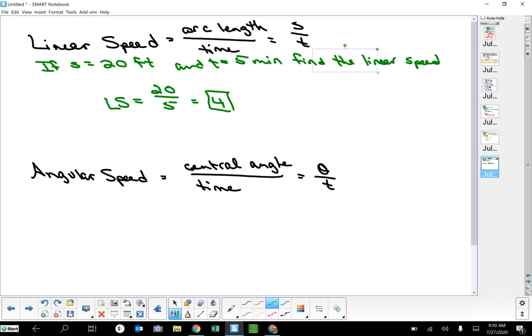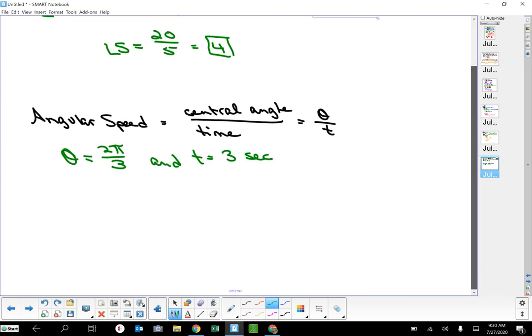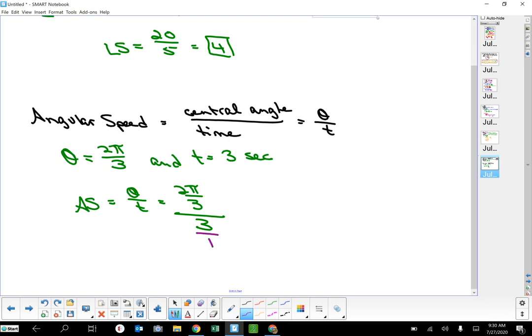And then angular speed. Find the angular speed of a point P if theta equals 2 pi over 3 and t equals 3 seconds. So angular speed is theta over t, which is 2 pi over 3 over 3, right? Well, this 3 is really over 1. And remember, division of fractions.